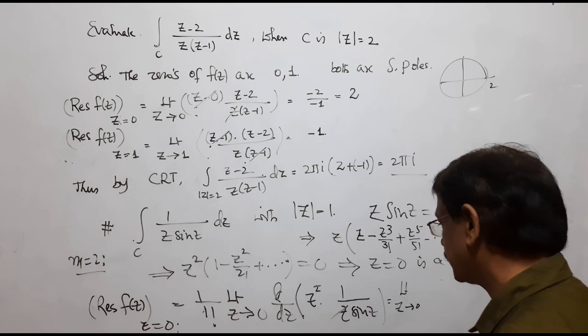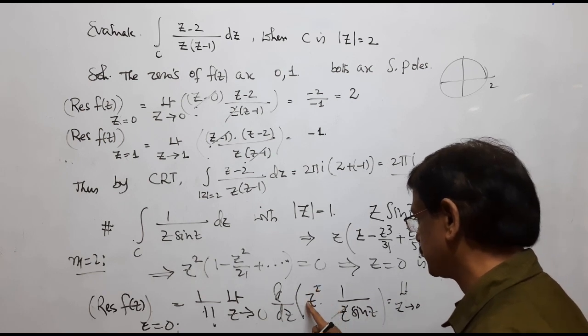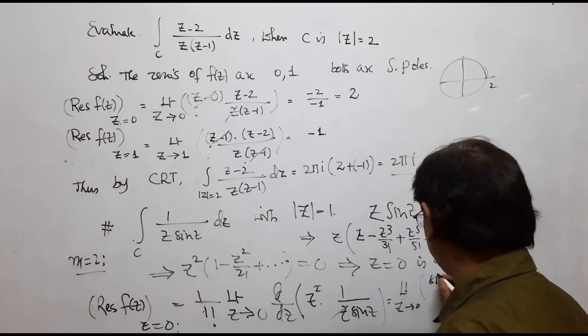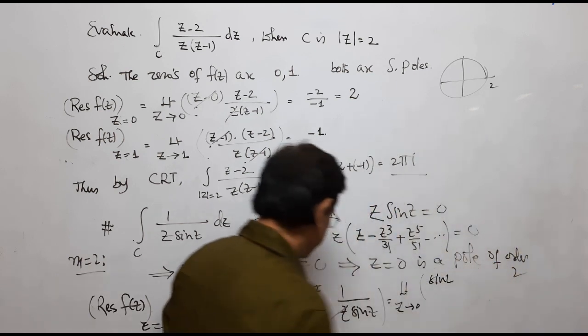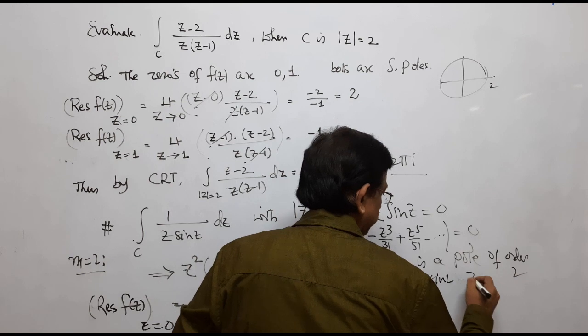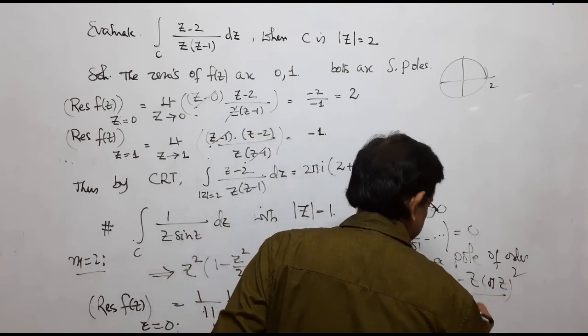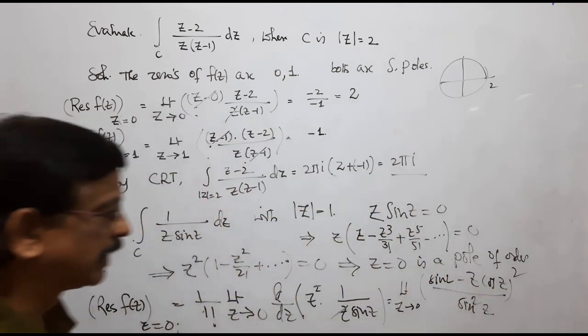Again cancel these two. So this is equal to the limit as z tends to 0. If I simplify, sin z into the derivative of z, which is 1, minus z into the derivative of sin z, which is cos z, all by sin z whole square.